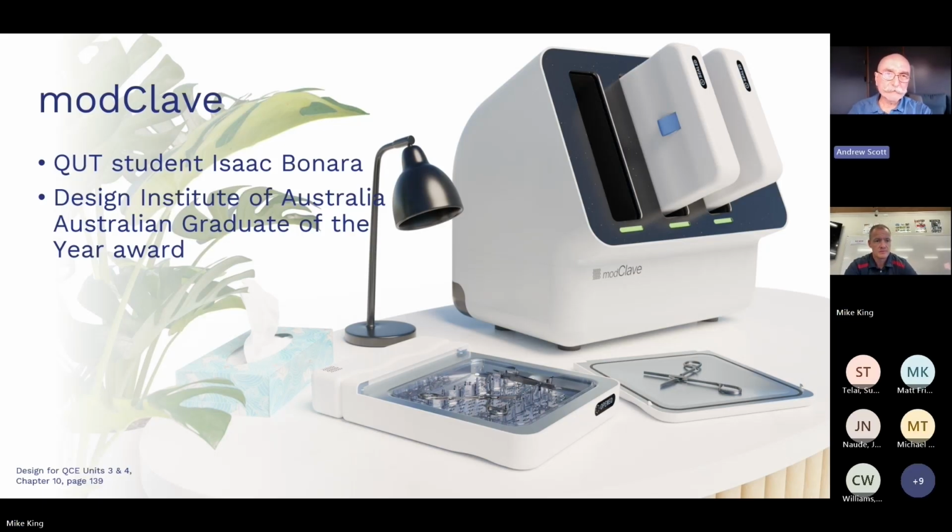Sure. Isaac was one of my students, in his final year, and this was his project where he looked at how in small medical practices, when doctors treat a wound, they open a pack of scissors and tweezers and so on, and those are disposable tools.